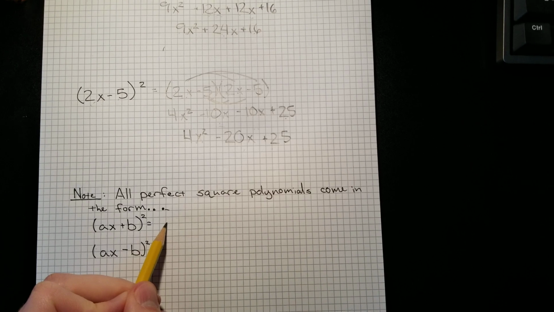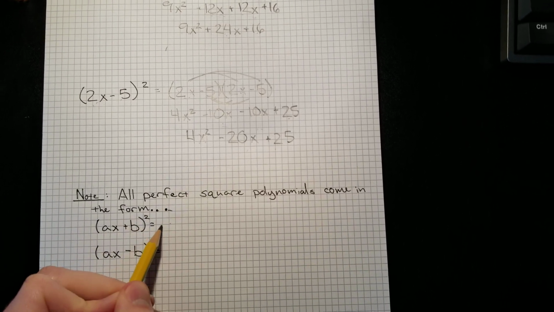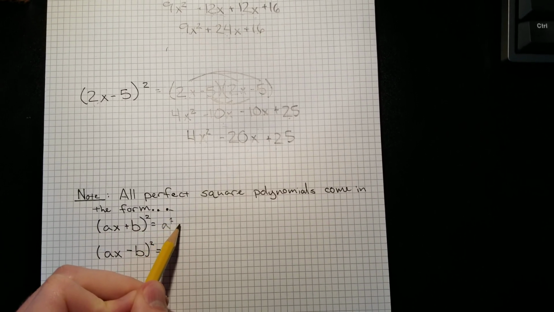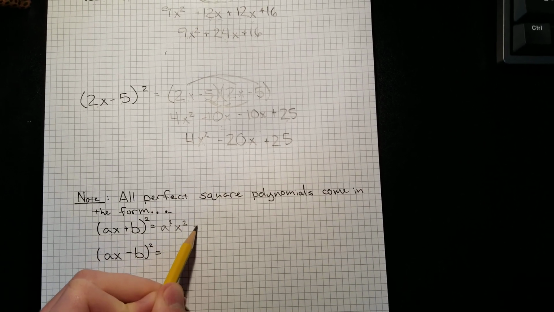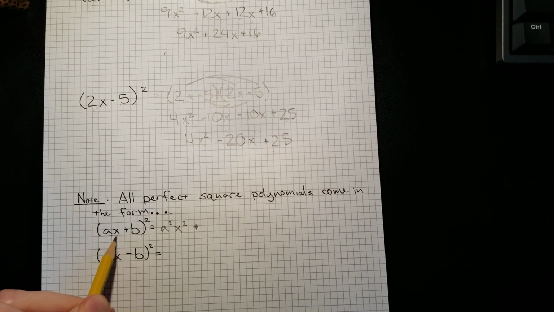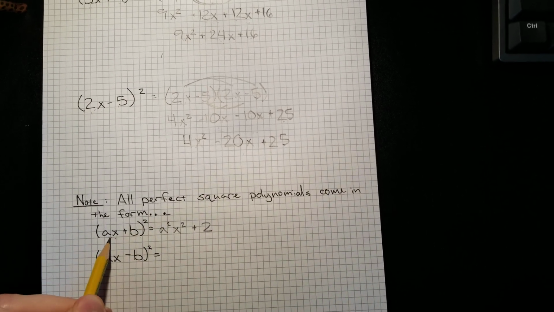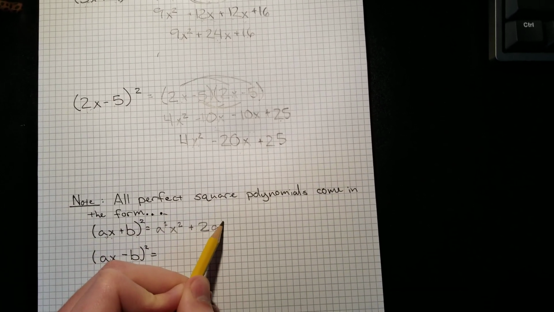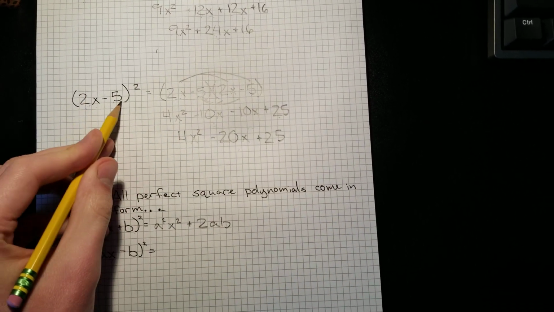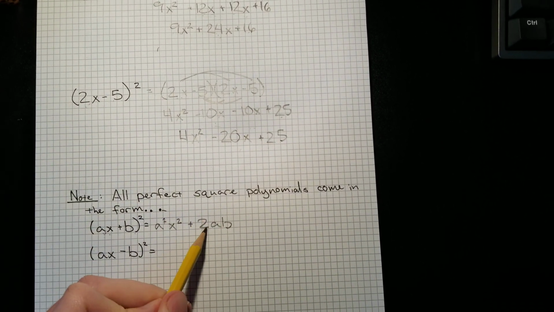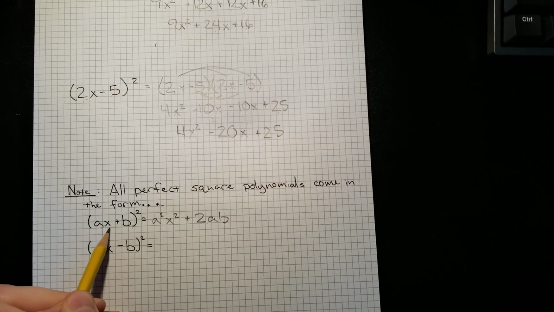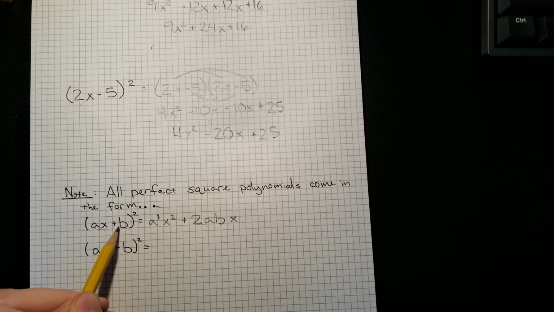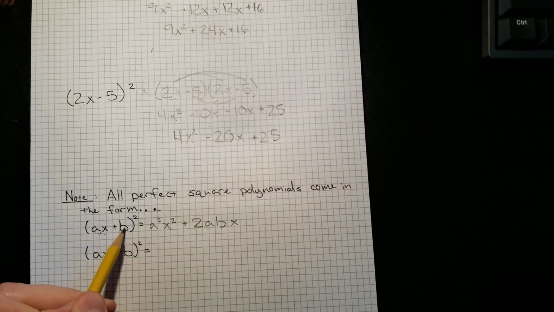This means that the first term is always whatever that number is squared times x squared. The middle term is what happens when you get 2 times those two numbers, like 2 times negative 5. You get two of those, like there. And there's always an x, right? So that number times x.